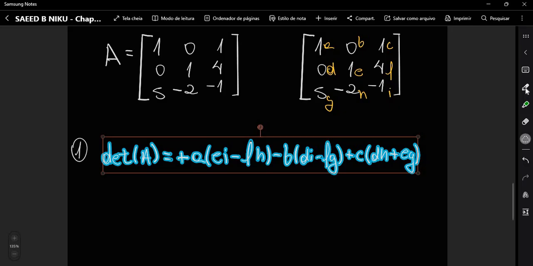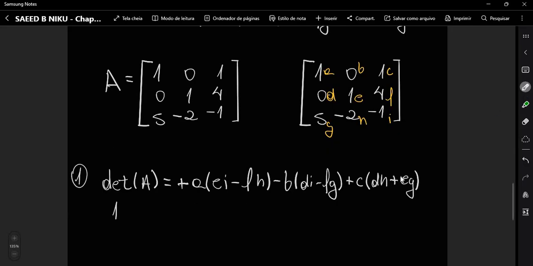So it's going to be A, which is equal to 1, times A times I minus F times H. Minus B, which is equal to 0, so we can already eliminate this whole term of the determinant.